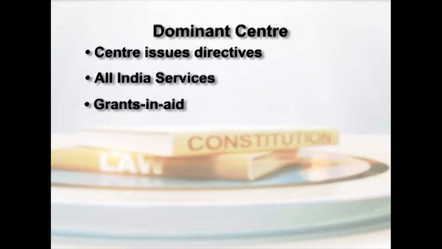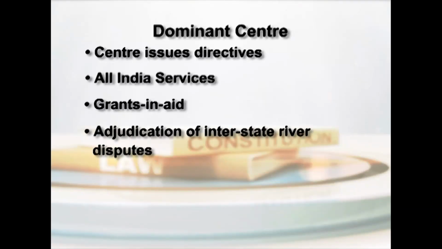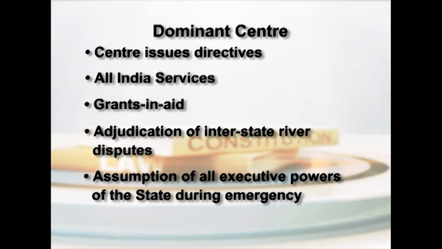decision. So far as adjudication in interstate river disputes is concerned, or assumption of all the executive powers of the state during national emergency and emergency due to failure of constitutional machinery in a state, central dominance is inherent.